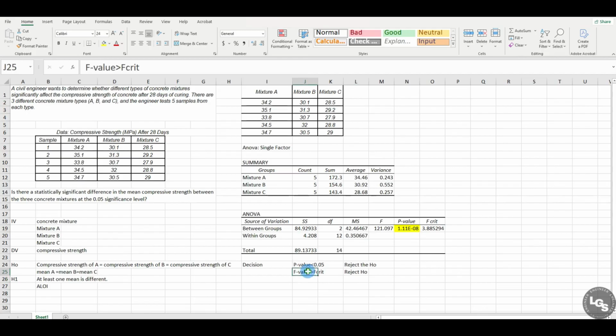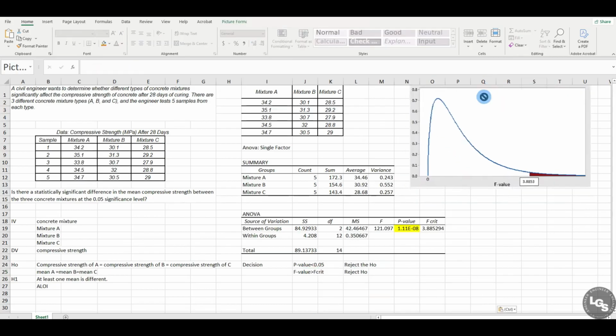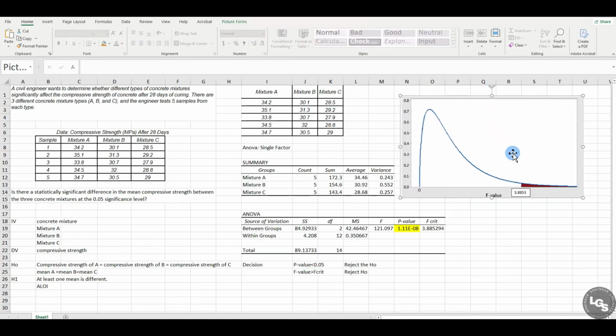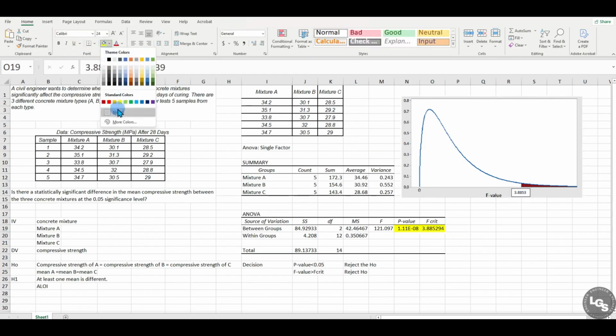Using the F value, we can see the critical region from the figure of the F distribution. This is the F distribution. You can see that it is skewed to the right, so it is not a normal distribution. Here is our F critical, 3.8853.